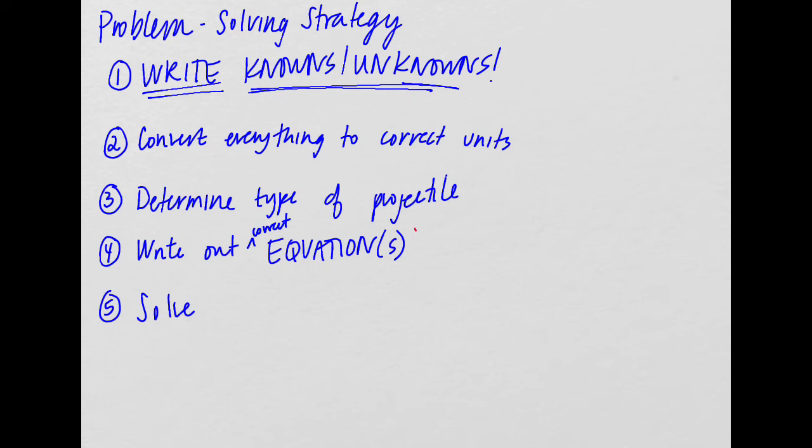Anyway, you're going to write out your correct equations, and then you're going to solve. And sometimes when you solve, you may have to use the trigonometric method in order to complete your knowns and unknowns, to convert some of your unknowns into your knowns, because sometimes you're going to have more than one unknown.